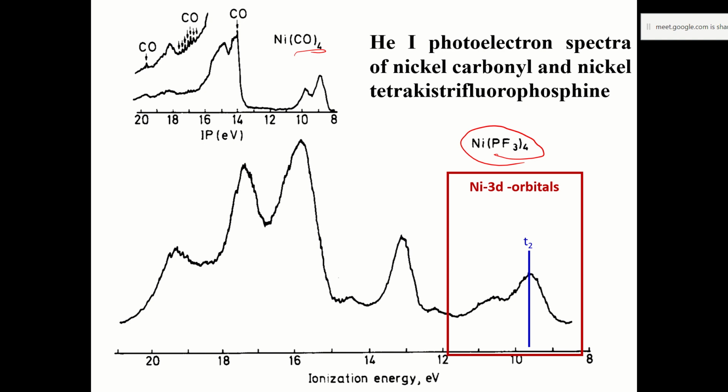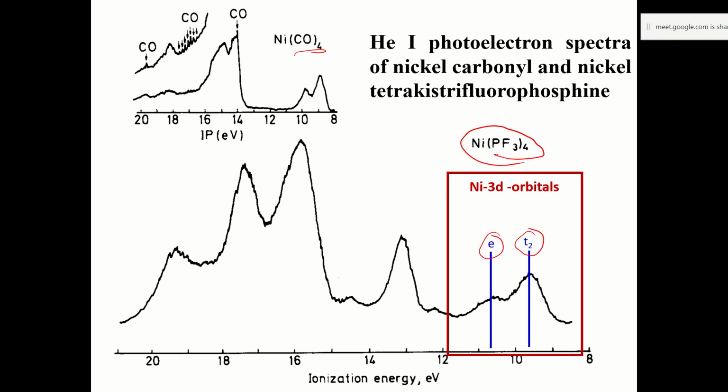You can see here that these are two tetrahedral complexes. Note that we were just talking about octahedral complexes, and the next example we are discussing is the tetrahedral complexes of nickel carbonyl and nickel PF3. So here also you see the E and T2 corresponding to these.